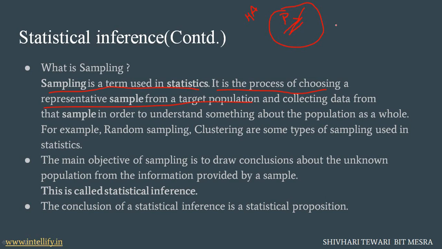Now what will be the sample? The sample is those patients who are not seriously injured, or not suffering from any serious disease, or not in ICU, which is represented as P dash. That means this is the sample which the administrator has collected from the target population, and he collects data from that sample in order to understand something about the population as a whole.